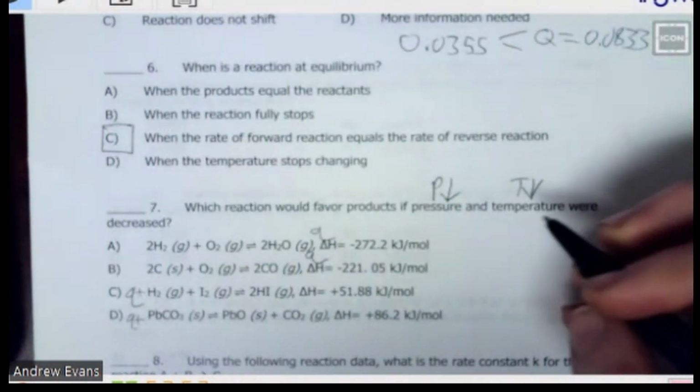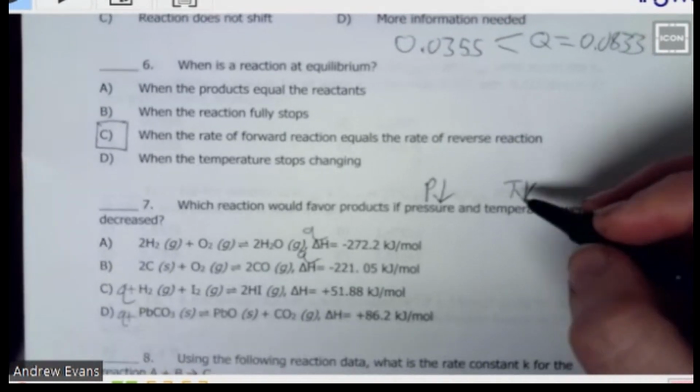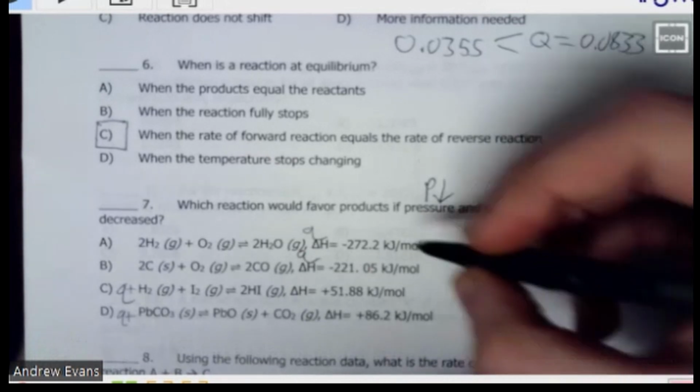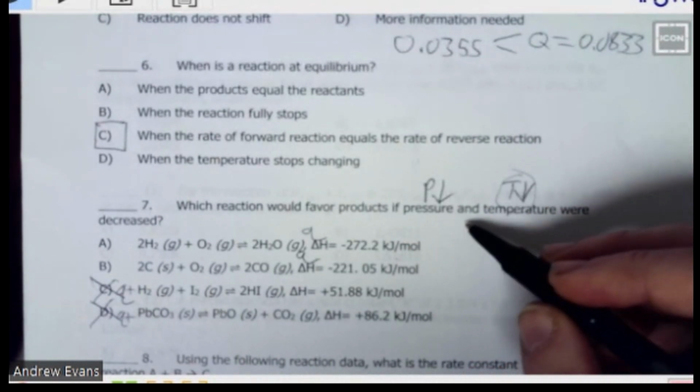Remember, when you add something, it shifts away. When you remove something, it shifts towards. So the decrease in temperature means it cannot be C, it cannot be D. It has to be A or B.